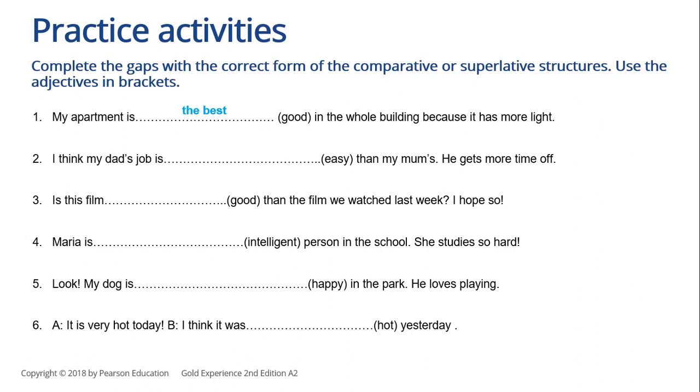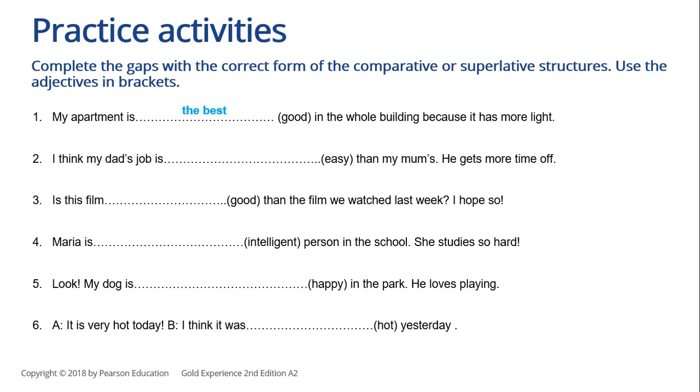Pause this video now. Have a look at the sentences. Think about the answers. We're gonna check very soon. Alright, it's time to check your answers. So, I think my dad's job is easier than my mom's.